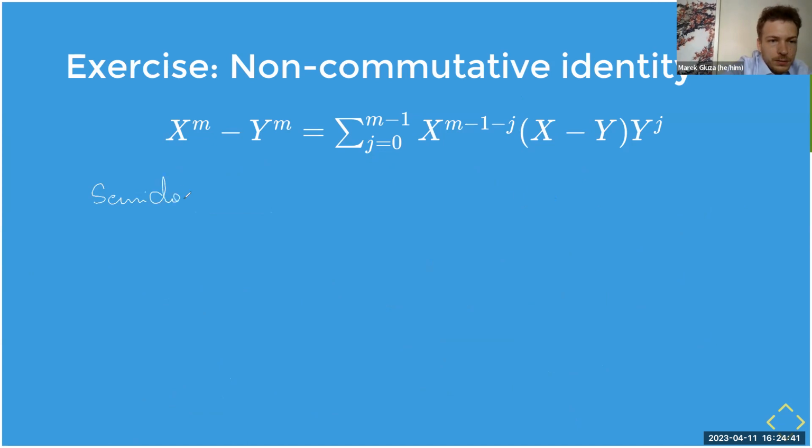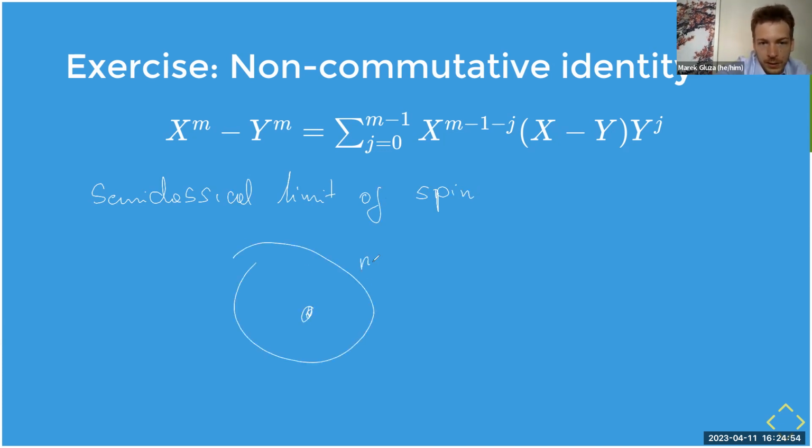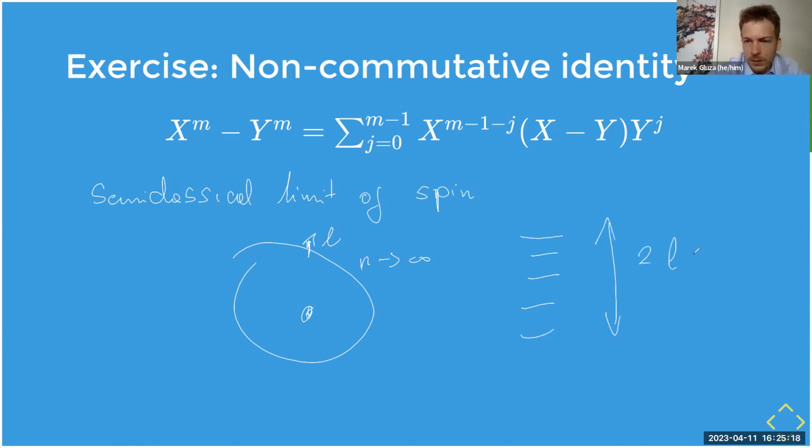The semiclassical limit of spin. If I have a helium atom and I go to the n to infinity shell, then the orbital angular momentum L of the electron on the orbit gets more and more dequantized. It becomes more and more a semiclassical angular momentum, because there are probably something like 2L plus 1 levels.